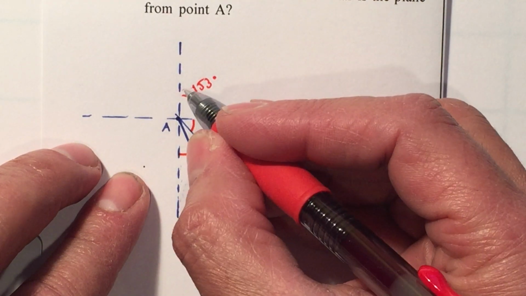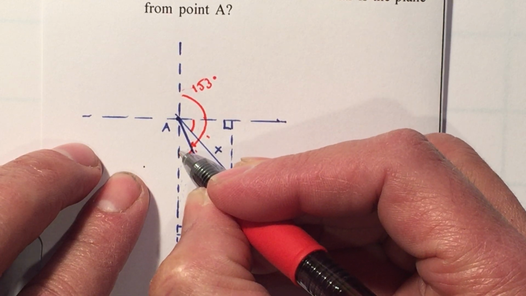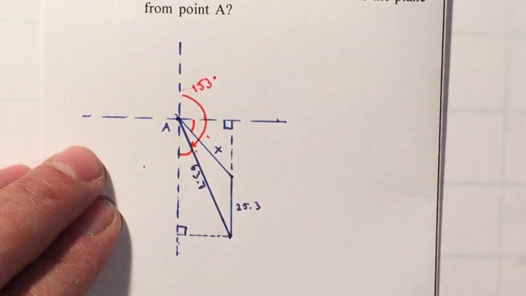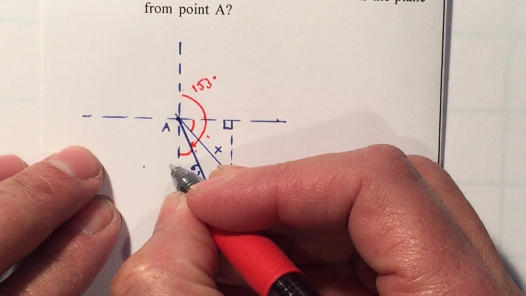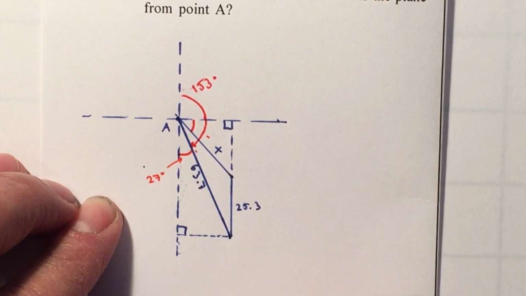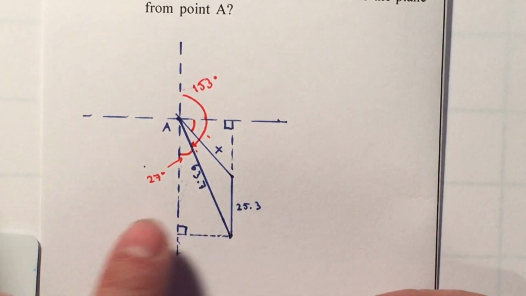Yes. Since this is 153 degrees all the way up to here, all the way through will be 180. So 180 minus 153, this angle here will be 27 degrees.